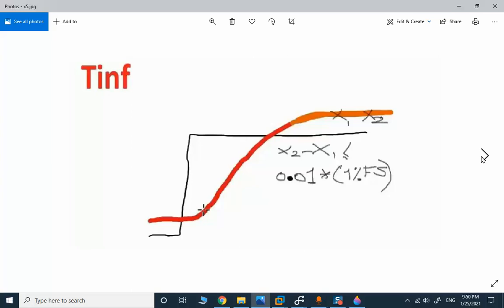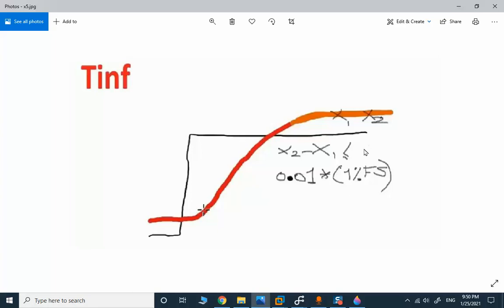The final parameter that we need is the T infinity. T infinity is our final stage. There are several mathematical explanations for T infinity.